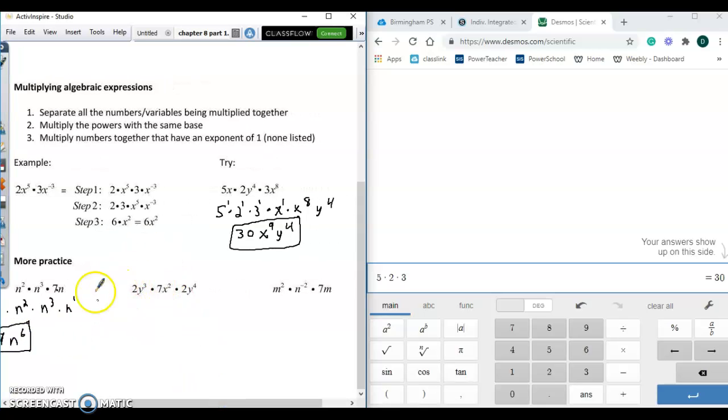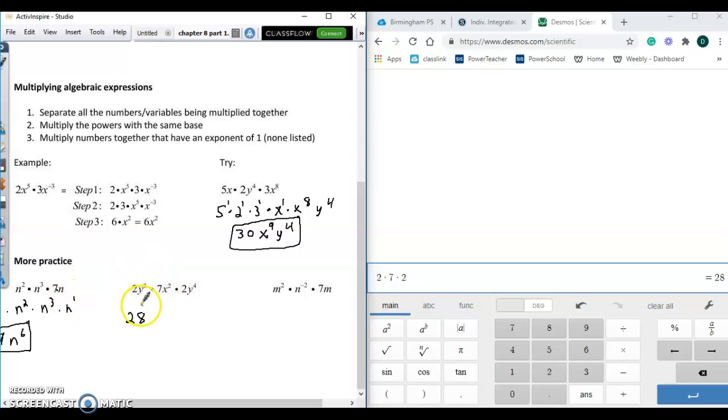All right, now as you get comfortable with these, and I see this, instead of rewriting it, maybe I just say 2 times 7 times 2. All right, so 2 times 7 times 2, there's my whole numbers, gives me 28. So I have 28. Now look at your variables.